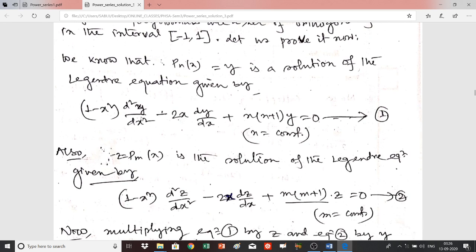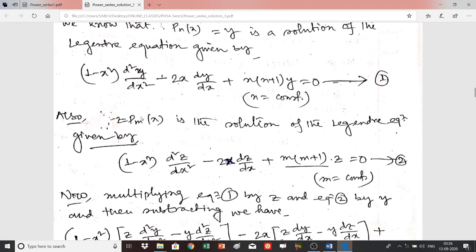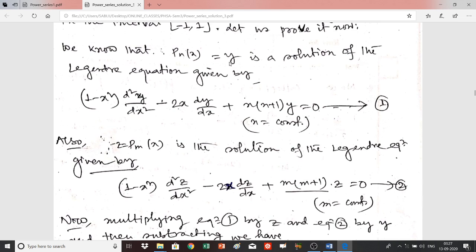You are very familiar with this equation. This is the Legendre equation for a function y, which is written as Pn(x), the polynomial of x. Now consider another function, another variable z, which can be written as Pm(x).